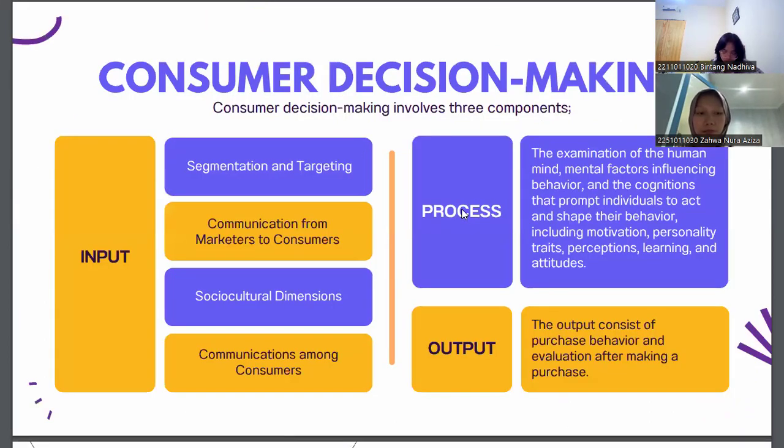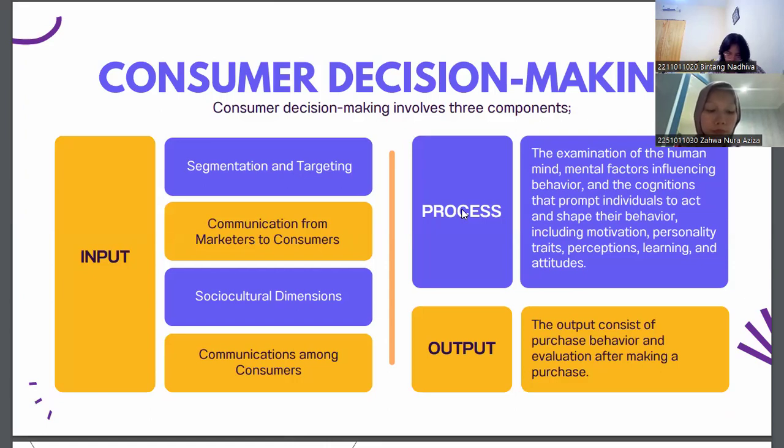Next one is consumer decision making. Consumer decision making involves three components. The first one is input. In input, there are segmentation and targeting, then communication from marketer to consumer, then the socio-cultural dimension, and the last one is communication among consumers.